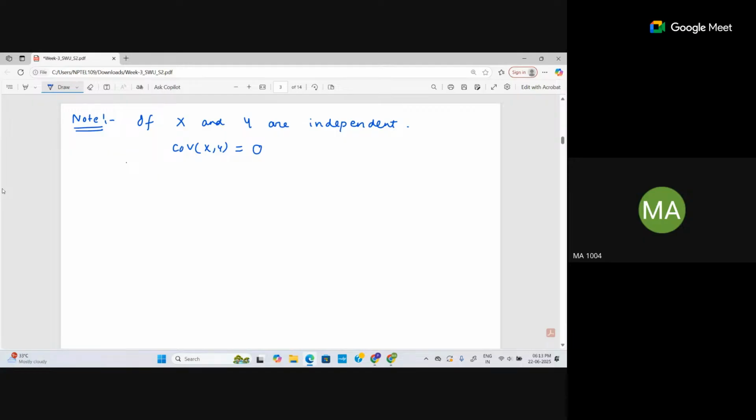Okay, so if x and y are given as independent, the covariance between these two variables will be 0, which means x and y are uncorrelated. But vice versa is not always true. Yeah, the vice versa is not true.